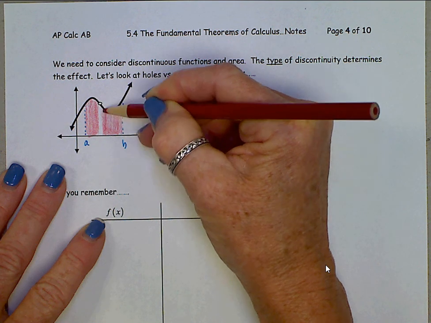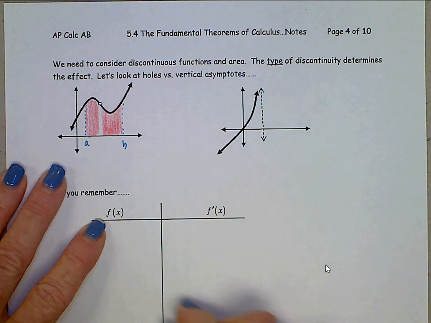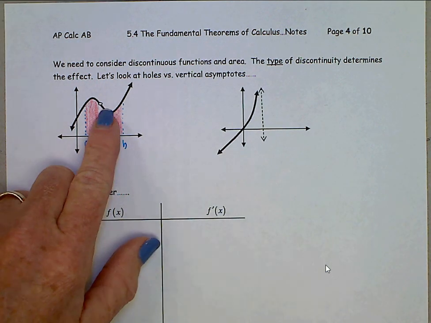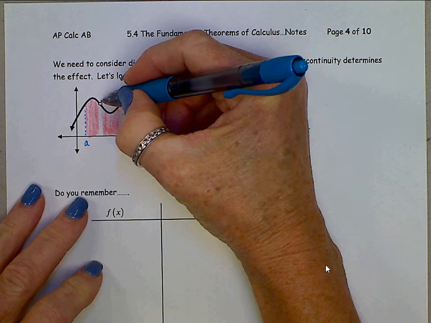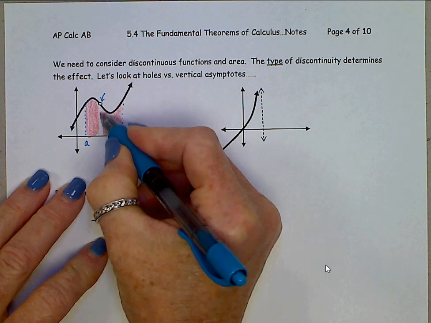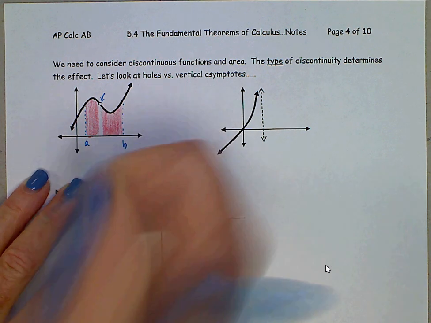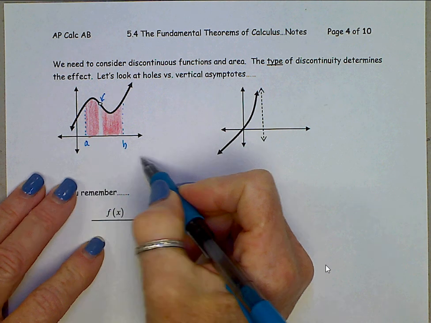And while we have to make that strip wide enough so that we can see it, really that hole has no width. That hole right here has no width. So this strip of empty space in here has no width, and the discontinuity has no effect on the amount of area.